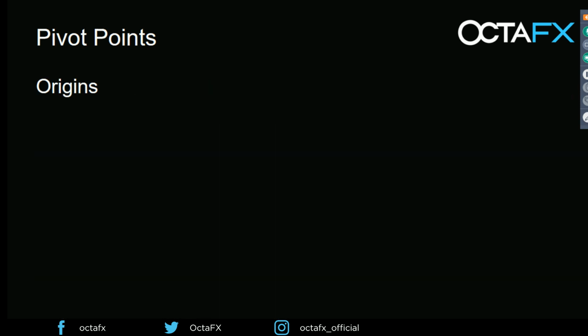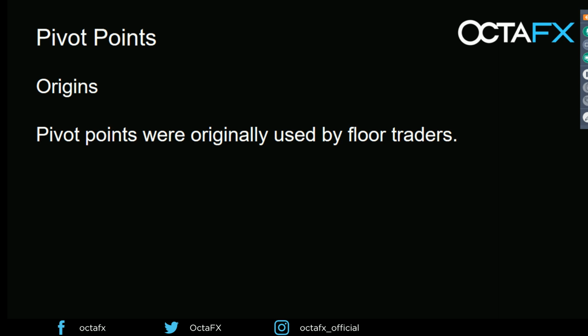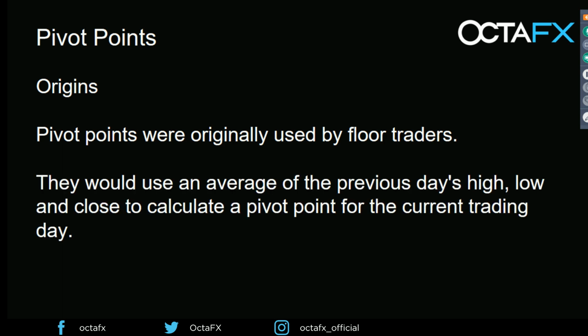Let's talk about the origins quickly. So pivot points go back to the days of floor traders trading open outcry on the exchanges. These are the days before computers. These were often calculated manually. Thankfully now we have indicators that do that for us, but back in the day they were done manually.